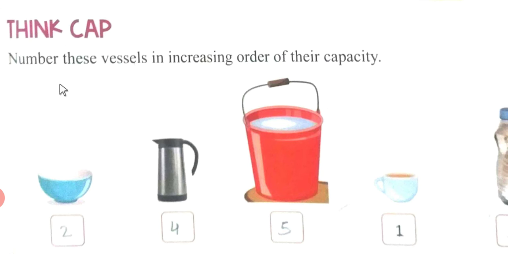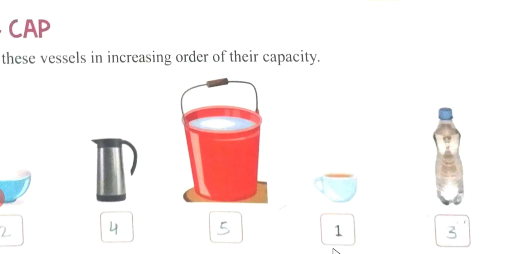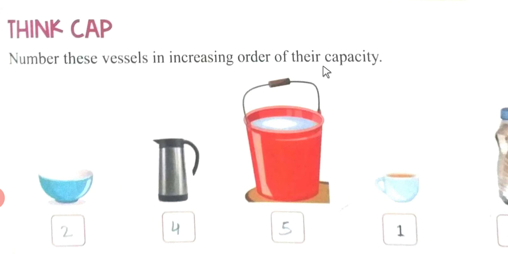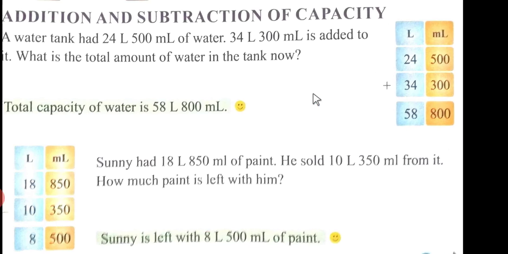So number these vessels in increasing order, from smaller to bigger one: first, second, third, fourth and fifth. Now you got it. Let's move on.